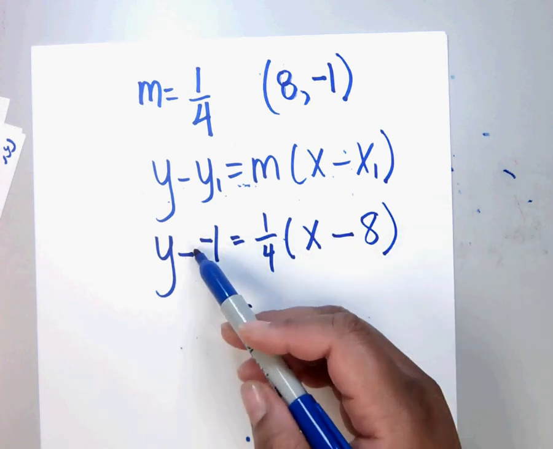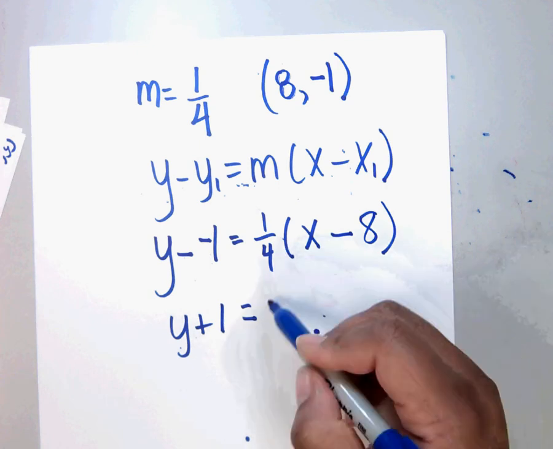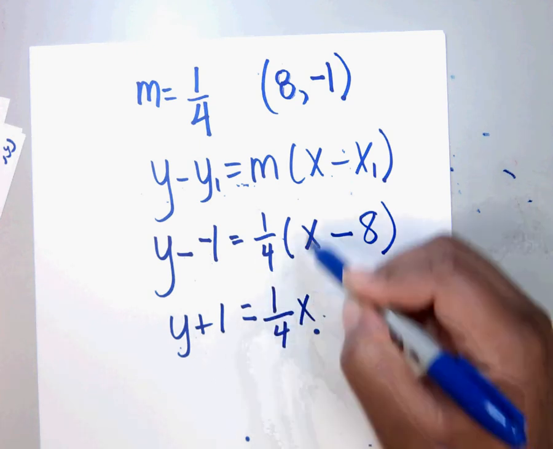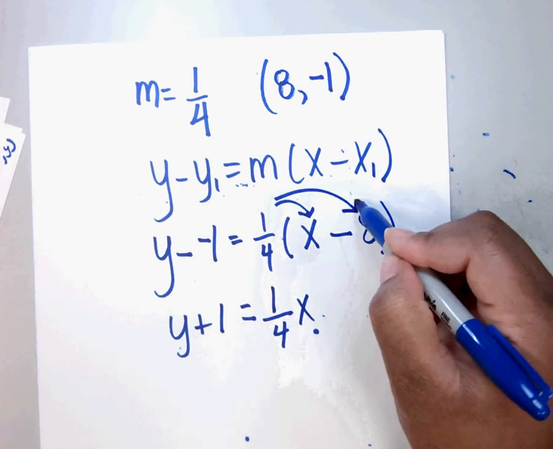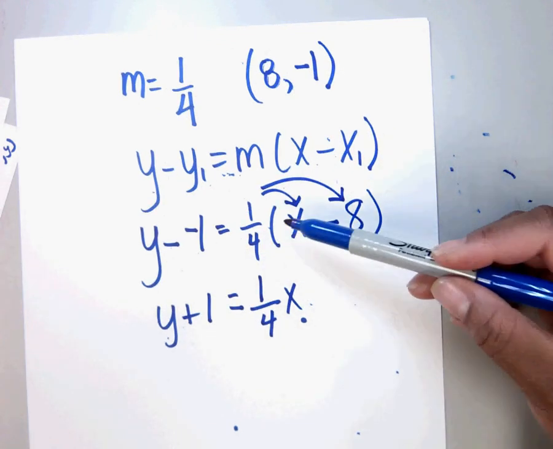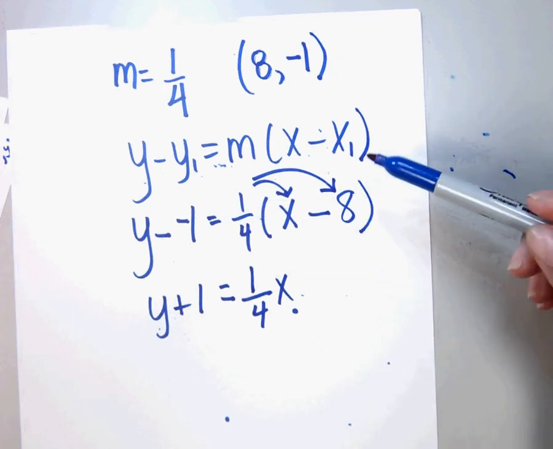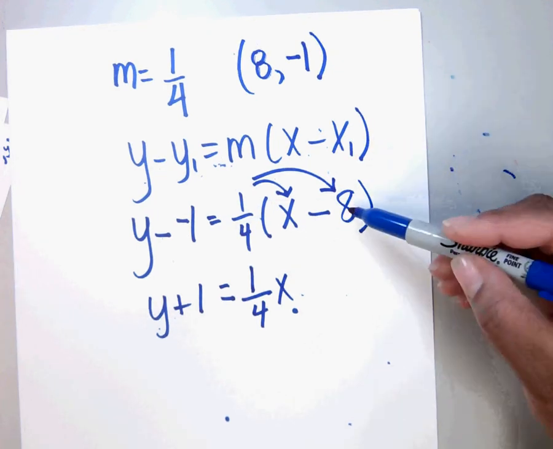Double negative, that becomes a plus sign. Distribute the 1/4, 1/4 x. Now multiply that. This is simply dividing. You can say, what is 1/4 of 8? Some of you are saying, I don't know that one. Okay, well, you're dividing. You're saying 8/4.